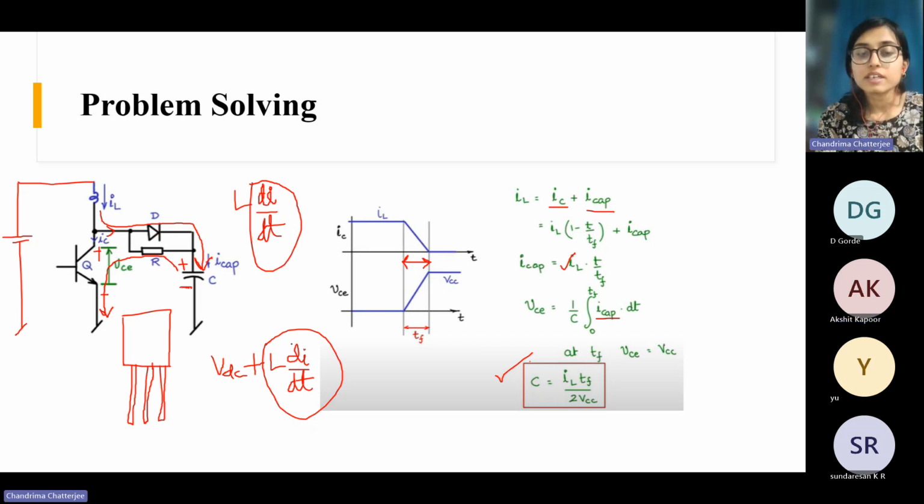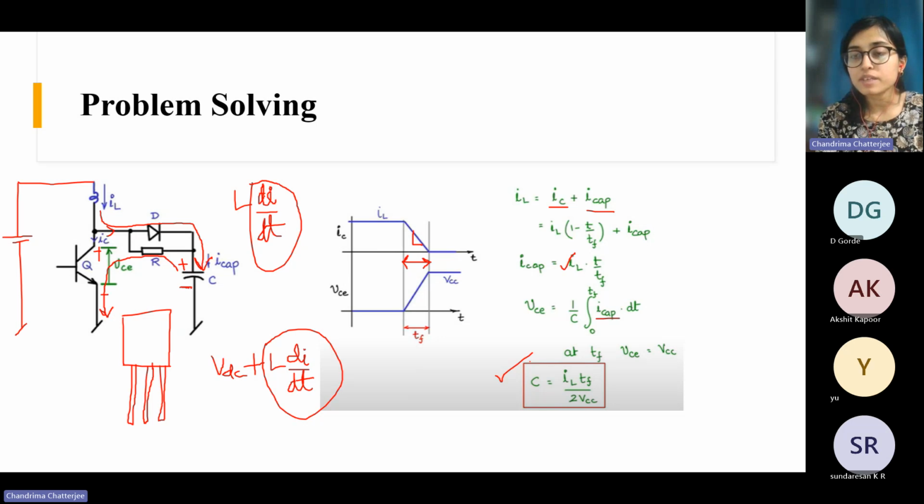Yeah, the L di/dt comes because you interrupted the inductor current. If this circuit was not there, there was no path for the inductor current to flow. If you suddenly interrupt the inductor current, the current reduces, and based on the slope of this current you get this di/dt.